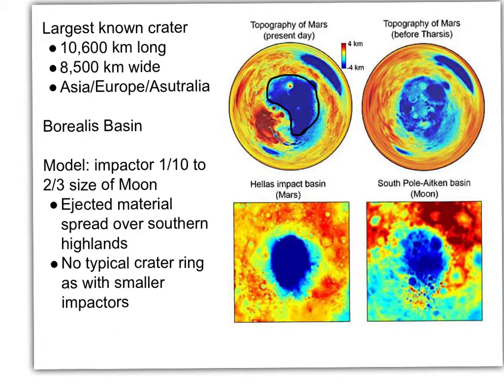But this impact, if it did occur, would have occurred 4.2, 4.3 billion years ago. So what are some processes that could take a circular impact basin and make it non-circular over time?